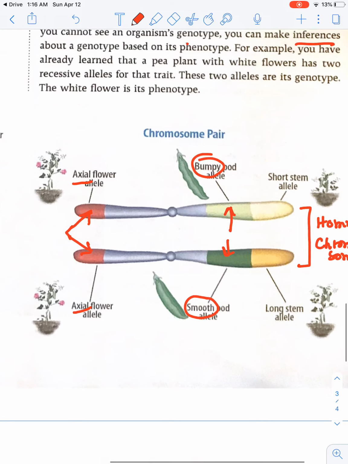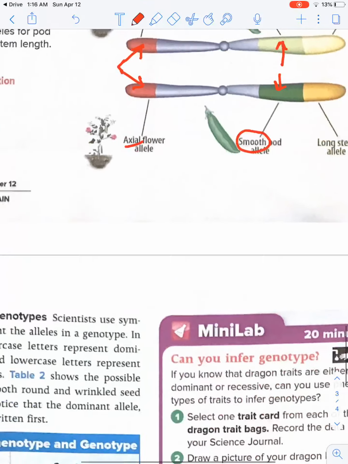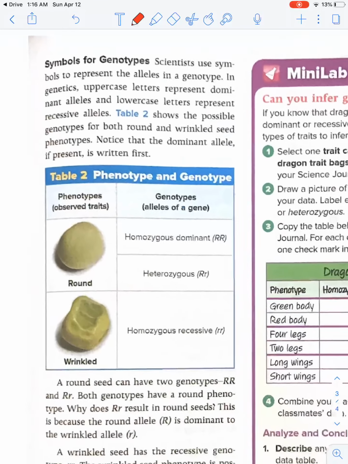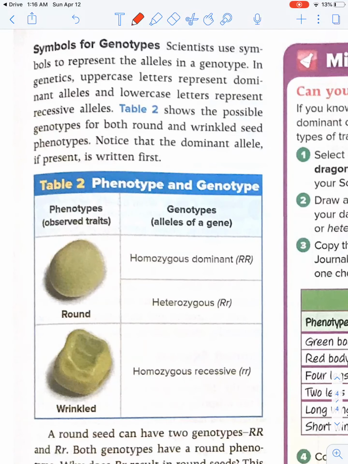Okay. All right, let's move down on to the next page, the last page we'll cover today. Symbols for genotypes. Scientists use symbols to represent the alleles in a genotype. In genetics, uppercase letters represent dominant. So uppercase is dominant, and lowercase represents recessive. Table 2 shows the possible genotypes for both round and wrinkled seed phenotypes.